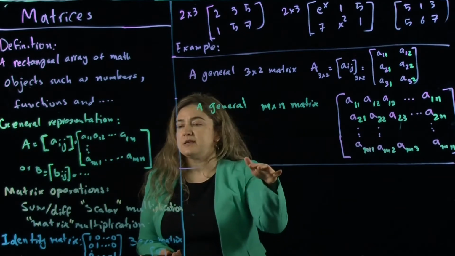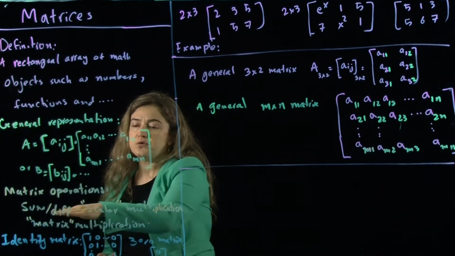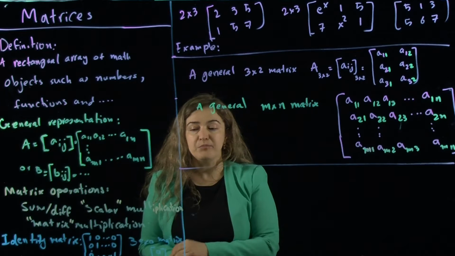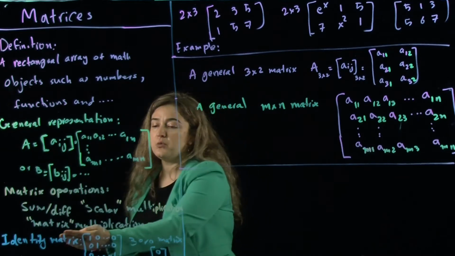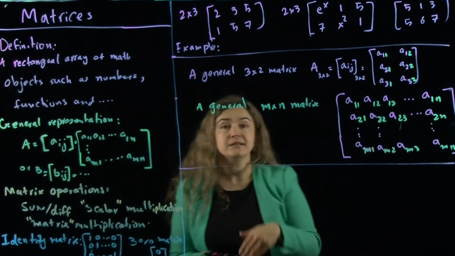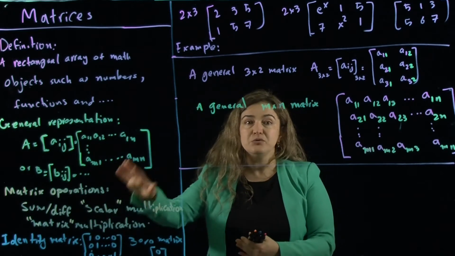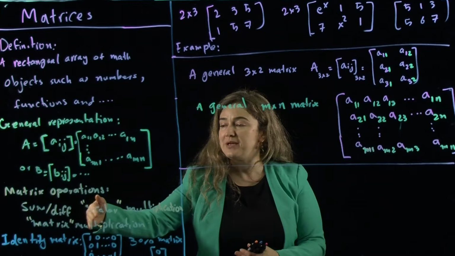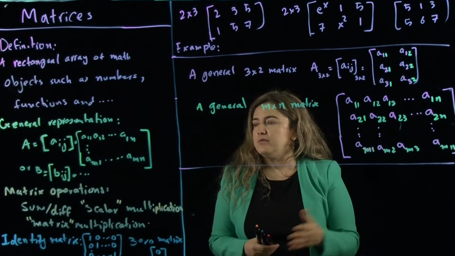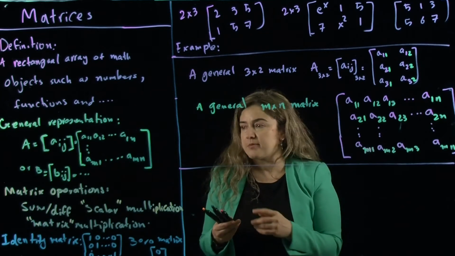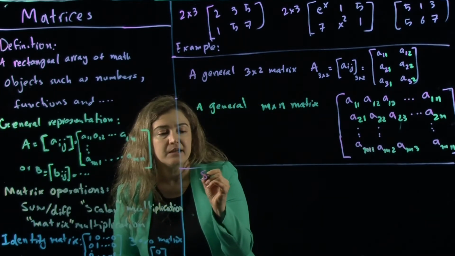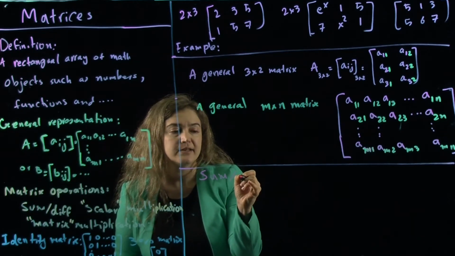What I want to do is first go through sum and difference and scalar multiplication, and then explain what the identity matrix and zero matrix are. And the last thing that I do in this video, I'm going to explain matrix multiplication. So going back to the first operation I want to define, let's define sum and difference.